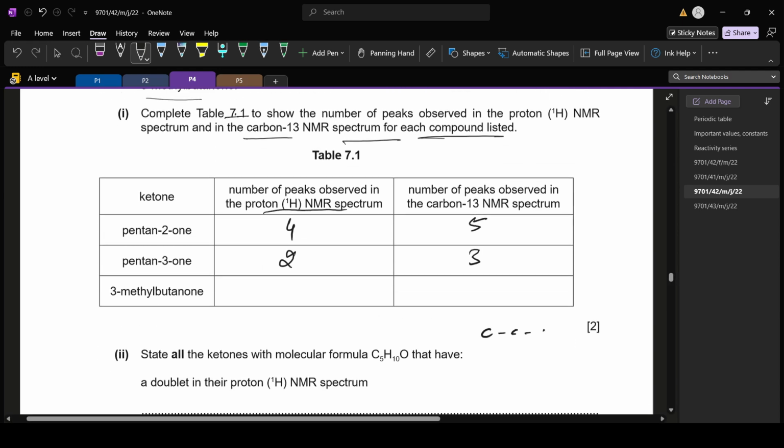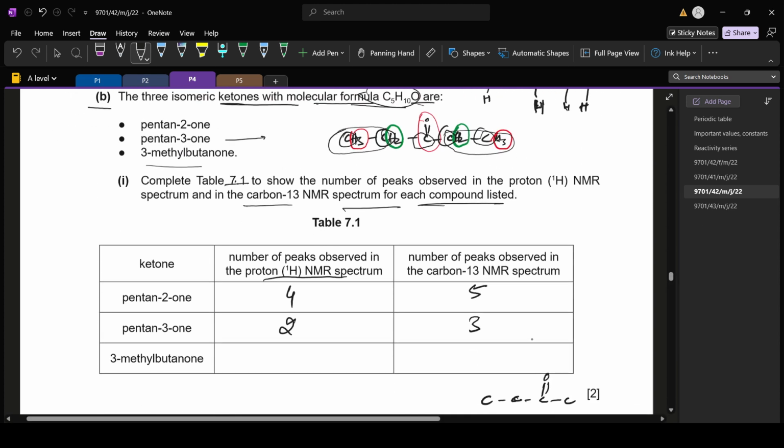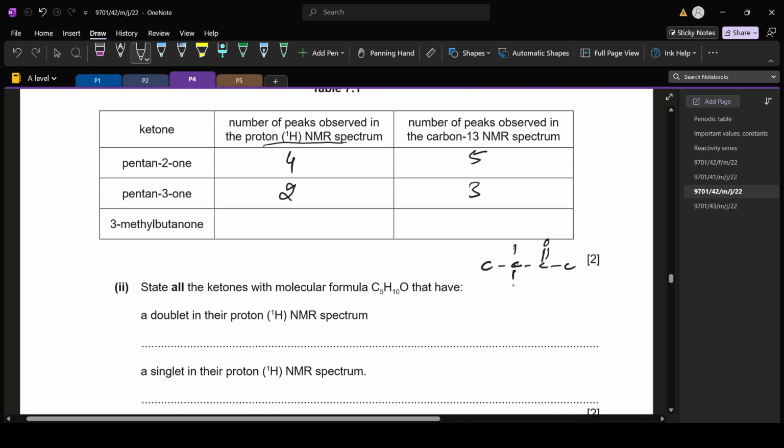Okay, so I'm drawing this butan-2-one, 3-methyl. So this is the structure, CH3.